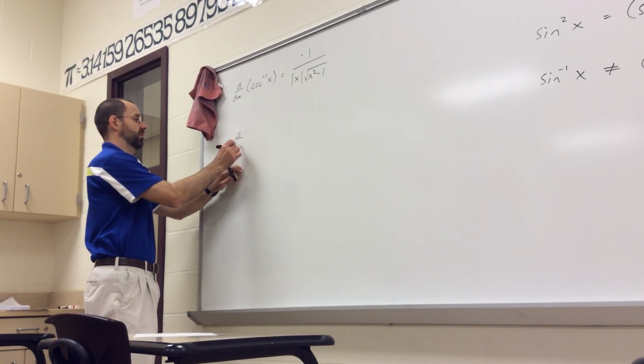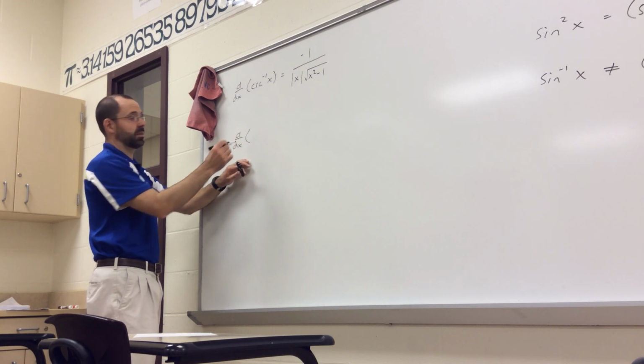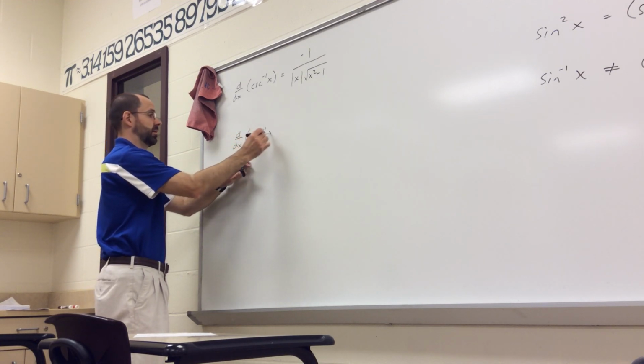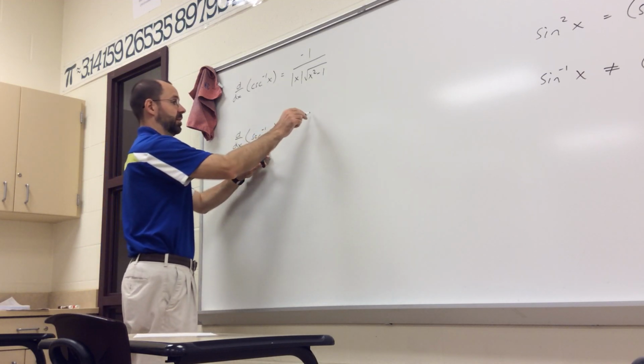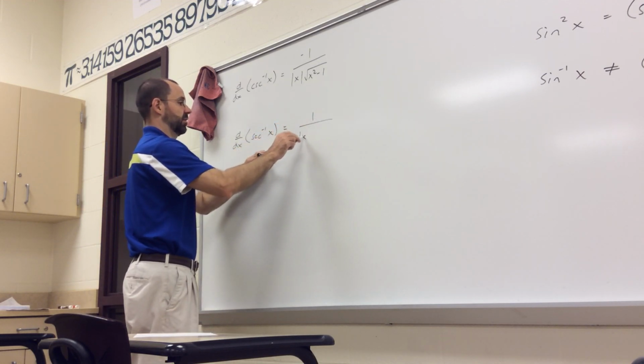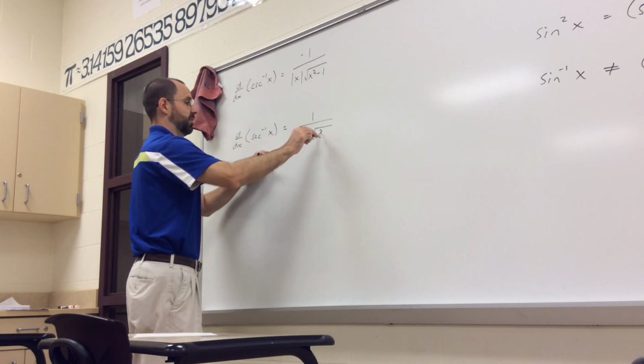Then the derivative of inverse secant is positive 1 over the absolute value of x times the square root of x squared minus 1.